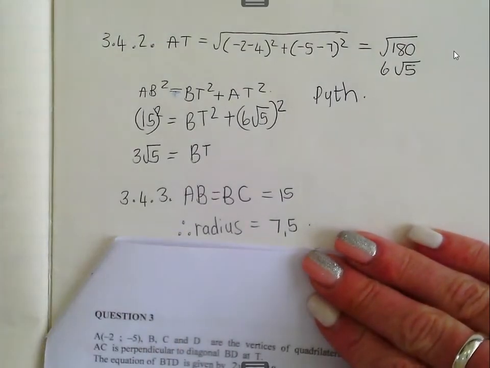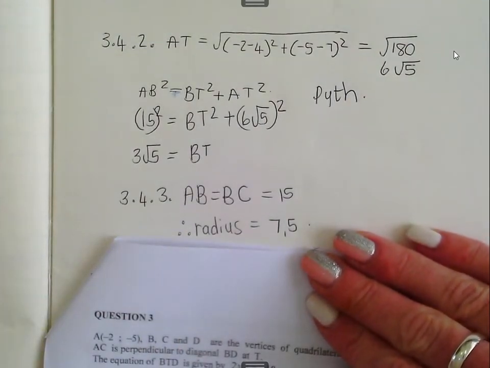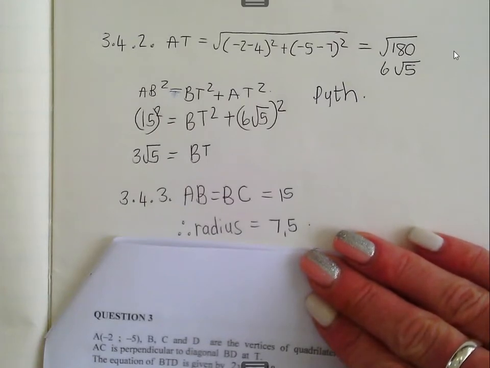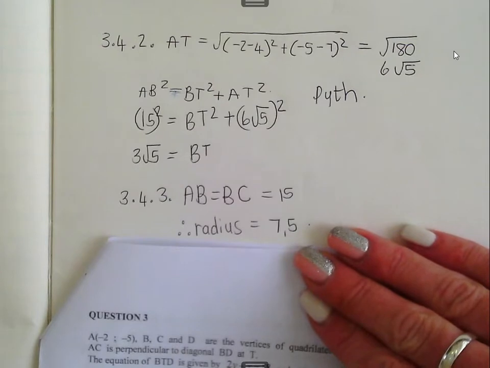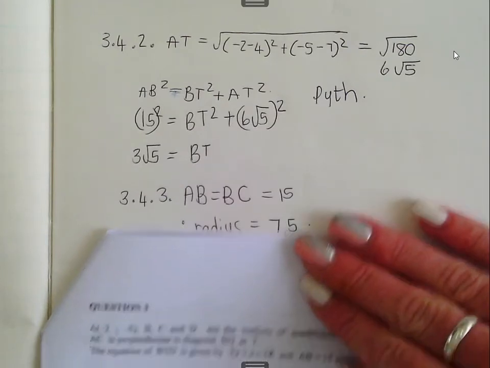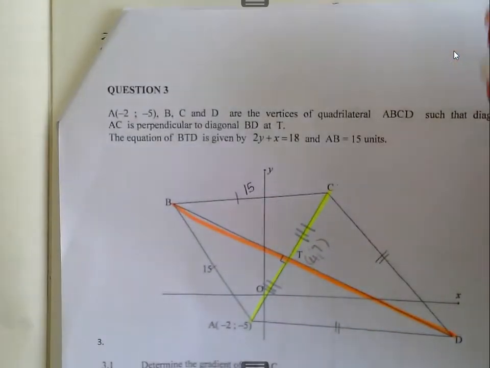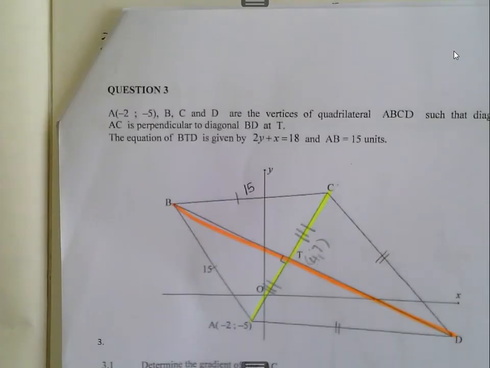Okay, I told you that you can leave 3.4.3 out. Now I just want to show you how to do it, but you wouldn't be able to do it now, because we haven't done circle geometry. So when we're going to do circle geometry, we're going to learn a couple of theorems, which we can use, like the alternate angles of a parallel line and the co-interior and the corresponding.